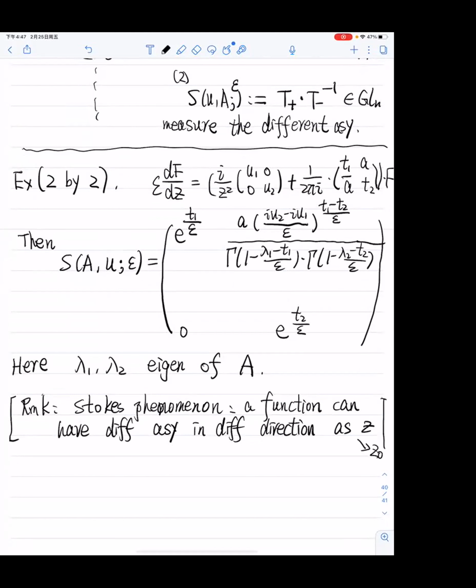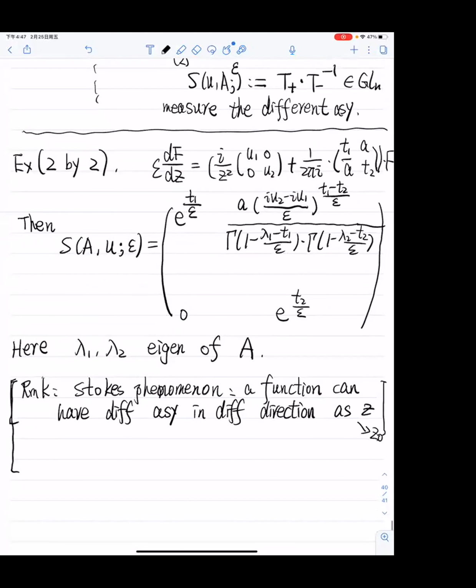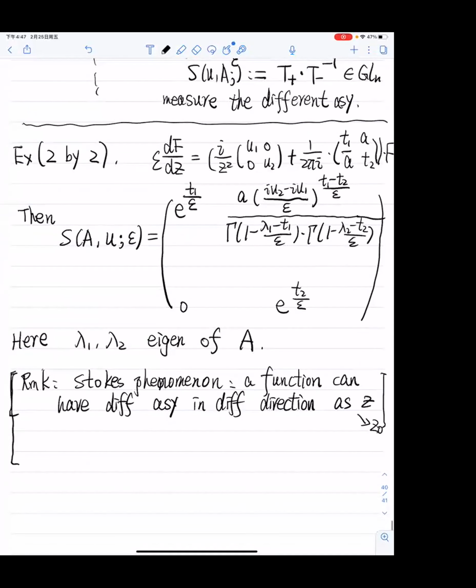Yeah. And in the 2x2 case, the Stokes matrix exactly counts the Stokes phenomenon of the Kummer function, defined as a sort of twist of the exponential function.